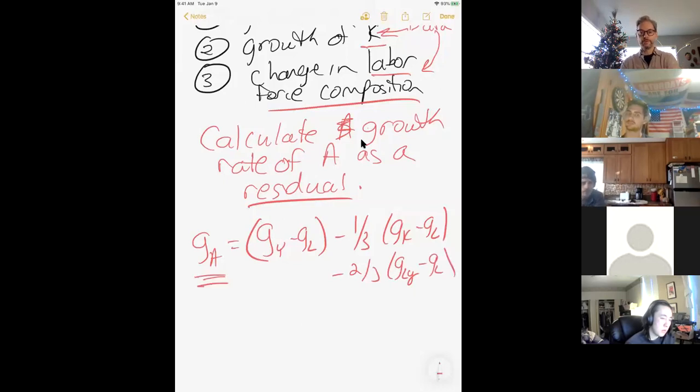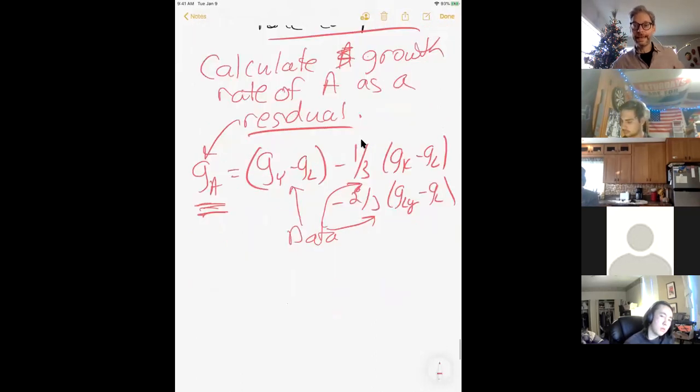We calculate it as a residual. We have data on those three things, and so we can use this to calculate what the growth rate of productivity is. So productivity is not directly observable, but we can estimate it as a residual, right? In other words, it's the part of output that cannot be explained as inputs. And that's what we call total factor productivity.